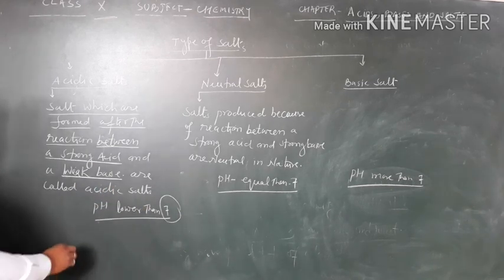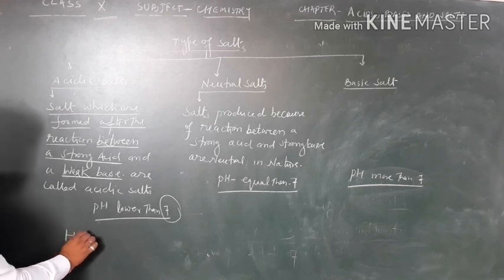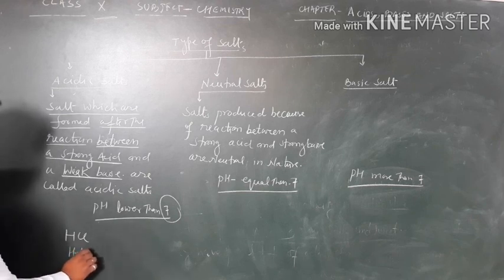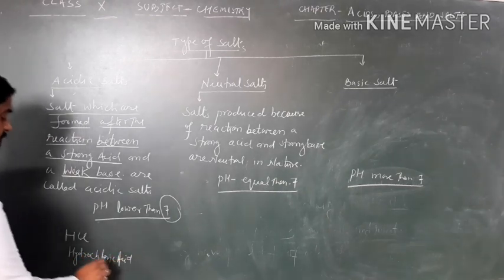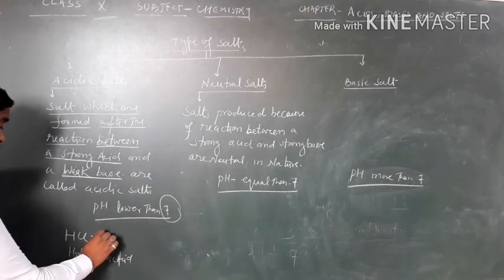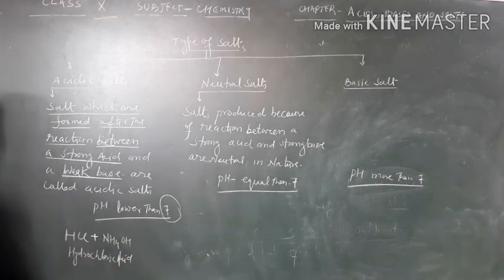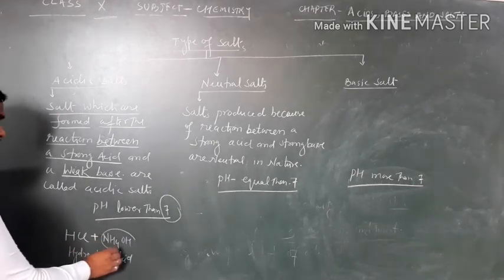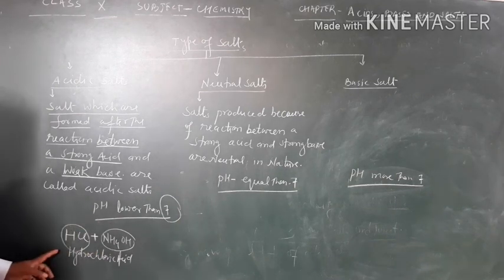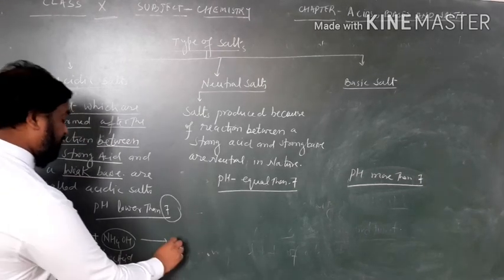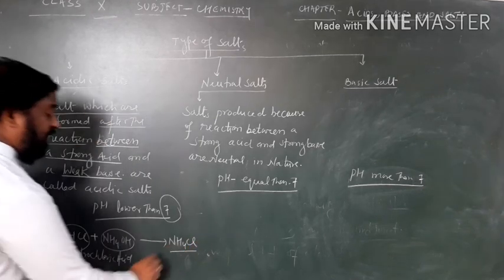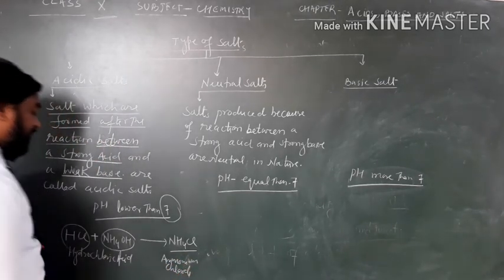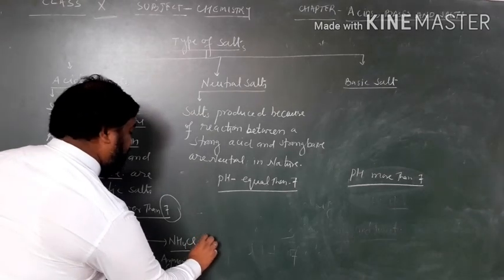So for example, hydrochloric acid plus ammonium hydroxide, NH4OH, to form NH4Cl, ammonium chloride, and water.